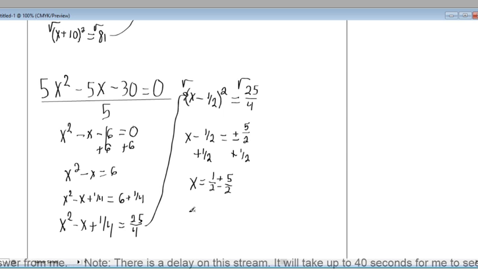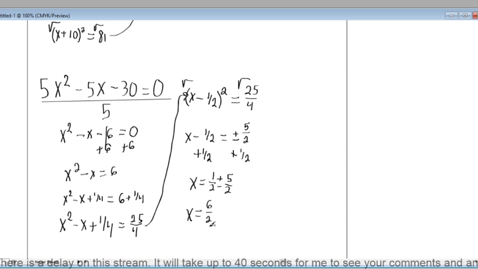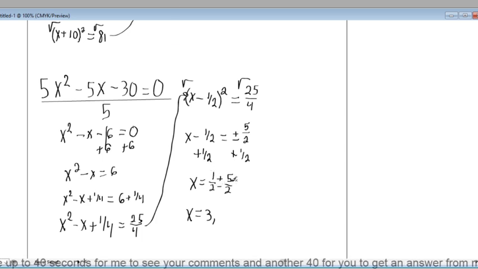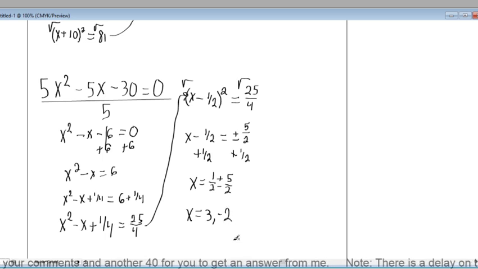So x could be 6/2, which really we know that 6/2 is 3. Or 1/2 minus 5/2. That would be -4/2, which is -2. And there's our two answers. X could be 3 or -2.